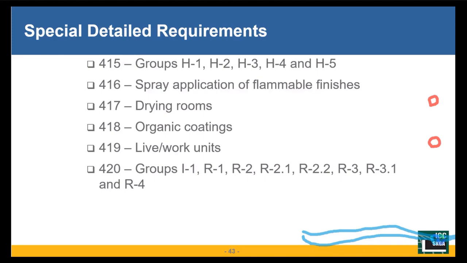419 is live work units. This is to address dwelling units with sleeping units, but also containing a large amount of non-residential use. So it becomes a mixed occupancy condition. A single classification of group R2 is possible if the live work unit is limited to those units where the non-residential use is operated by the same tenant who owns the building, who lives there and works there.